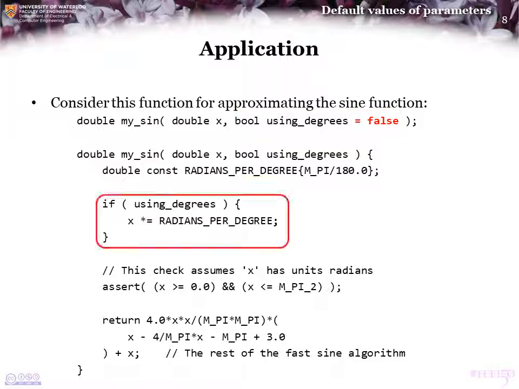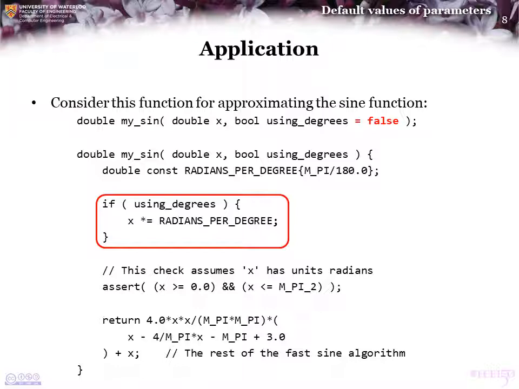If the user only calls my sign with one argument, that's the value of x, and using degrees will be set to false, in which case this conditional statement does not execute.